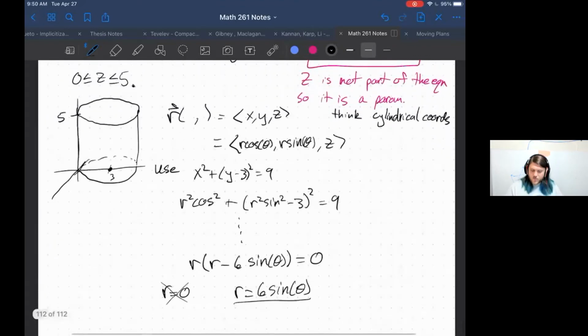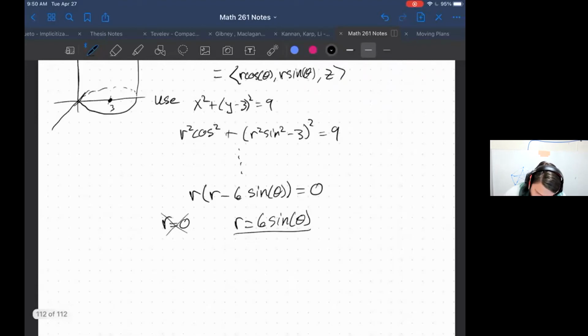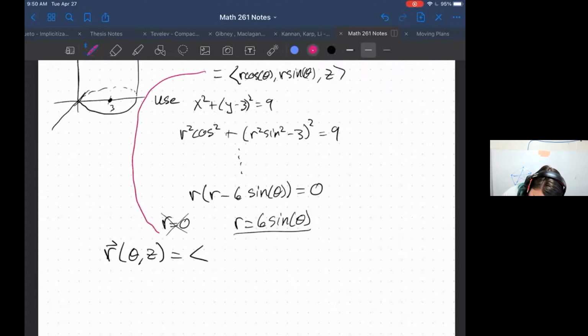So what this says is for this cylinder, we can replace r in terms of theta. And so our parameterization turns out to be in terms of theta and z. Let's bring this thing down here. Replace r with 6 sine.